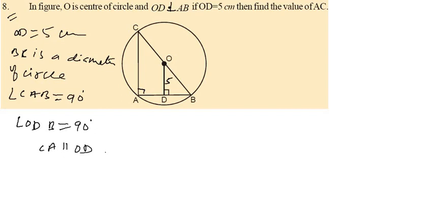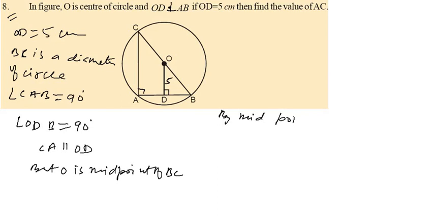But O is the midpoint of BC. So by the midpoint theorem, OD is parallel to CA and OD is equal to half of CA.